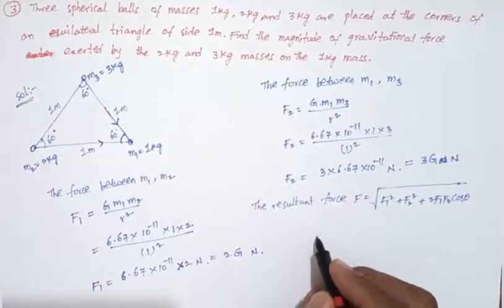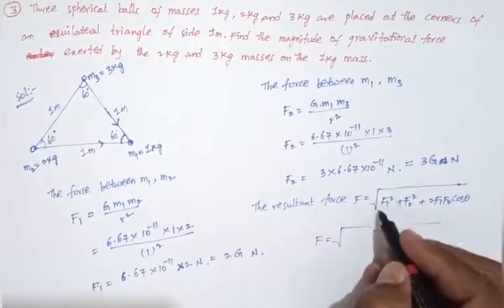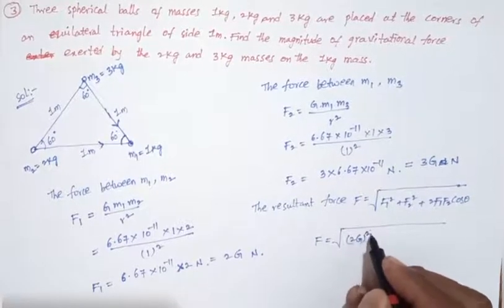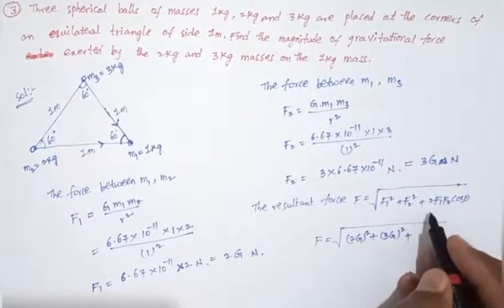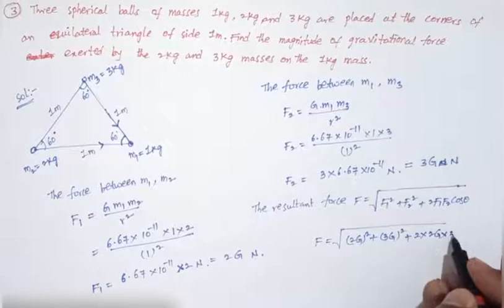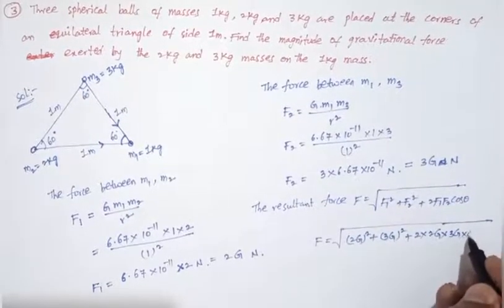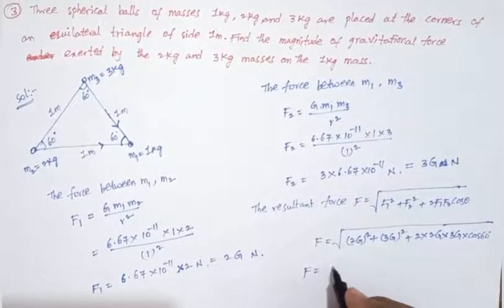Substitute: F equals square root of (2G) square plus (3G) square plus 2 into 2G into 3G into cos 60 degrees.